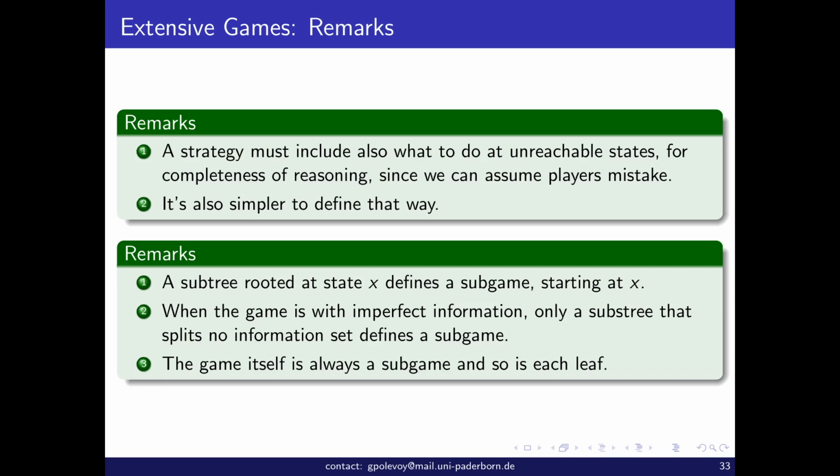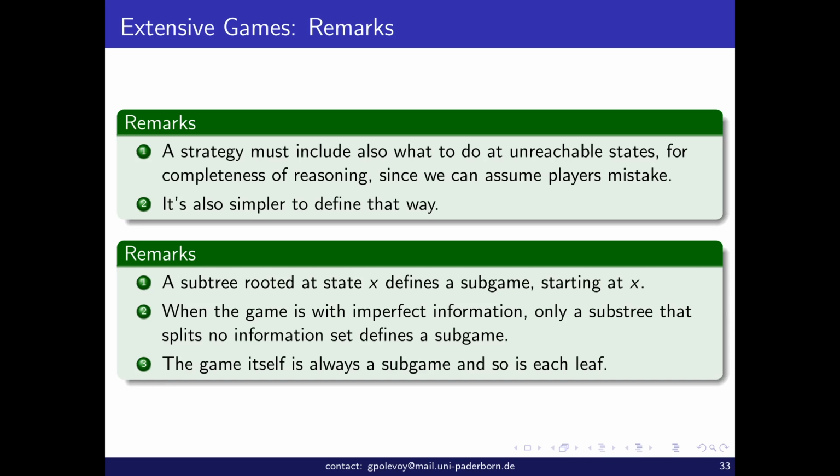So basically, it doesn't simply matter how you define it in this case. You always have to define strategy on all the nodes where the player plays, that is, has a turn to play, regardless of whether the player ever reaches the node. If the node is reached with probability 0, then it does not matter.